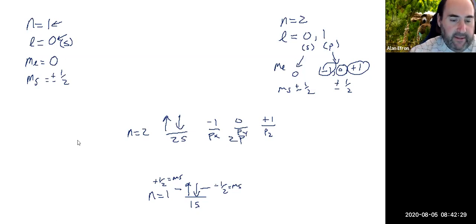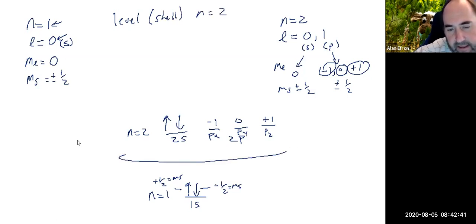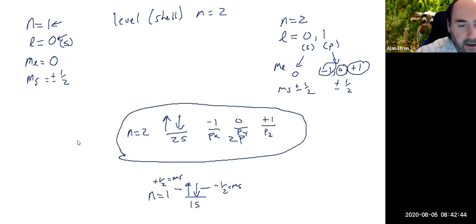Now, when we talk about these things, a couple other terms came about. When we talk about a level or a shell, that's like, say, n equals 2. That would be everybody that's contained there. And the maximum electrons there would be 2, 4, 6, 8 electrons if you filled it up.